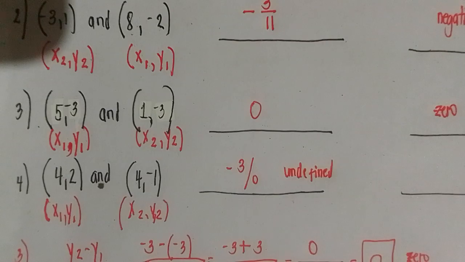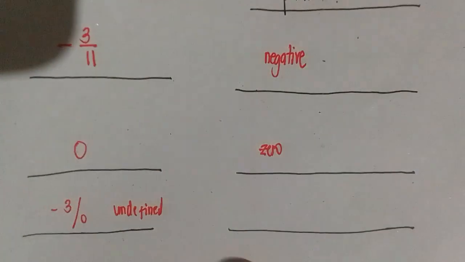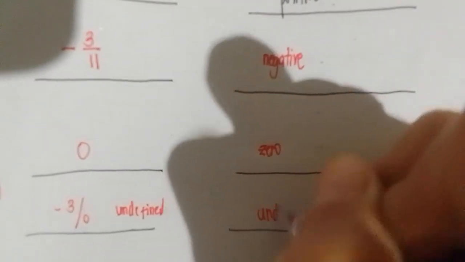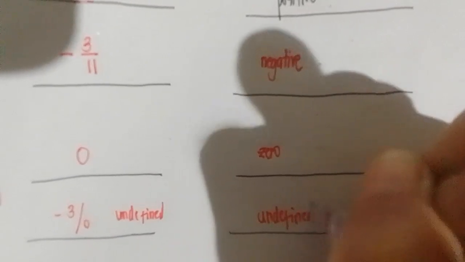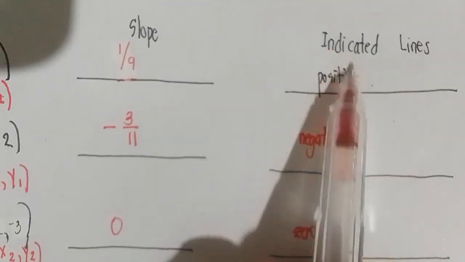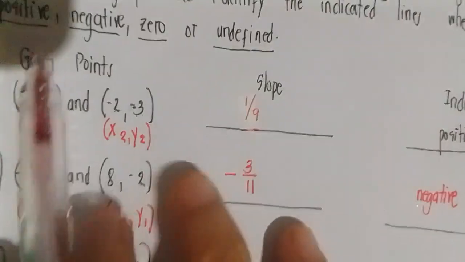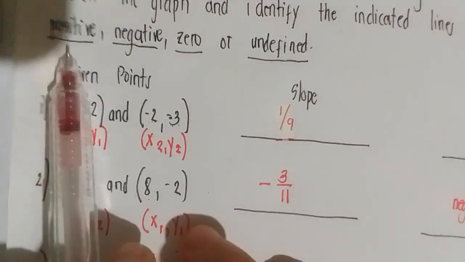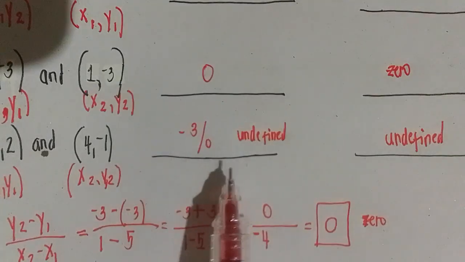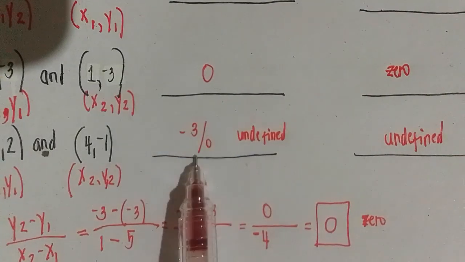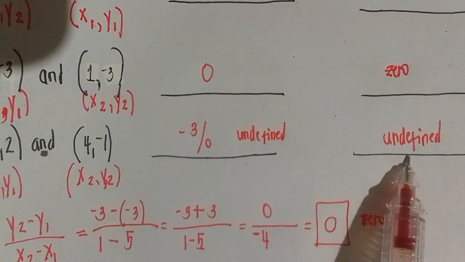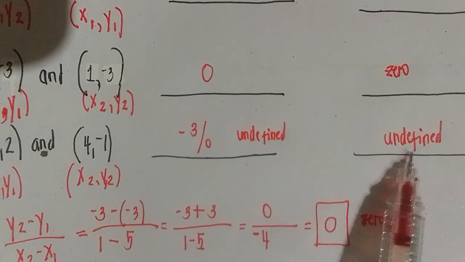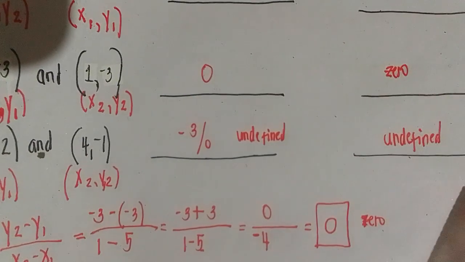And of course, i-rewrite po din mo diri sa indicated line nga undefined siya. Okay, remember nga sa imuhang indicated lines, kining siya nga column, upat imong pilion, di ba? Positive, negative, 0, undefined. So, muna, dapat, suwatan gyapon nato siya. Negative 3 over 0, undefined sa slope. Pag-abot sa indicated line, i-rewrite gyapon nato. Ang siran dapat nato nga undefined.